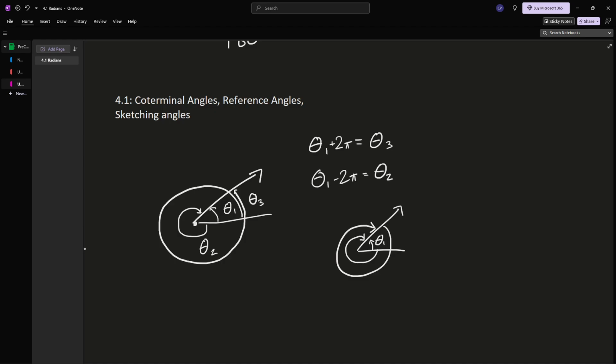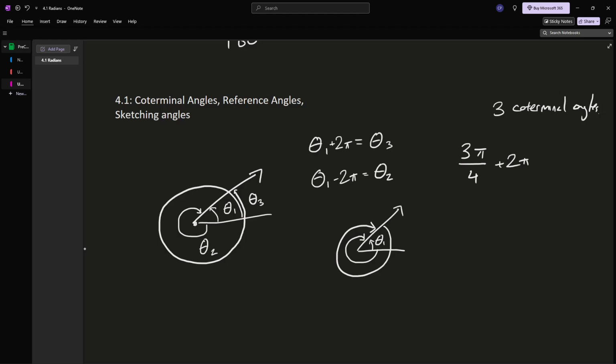So quick exercise, let's use 3 pi over 4 and let's find 3 coterminal angles. You could pause here and do it, or you could follow along as we do it together. So to get coterminal angles, I said before, you just want to add or subtract 2 pi. So just add 2 pi for the first one.